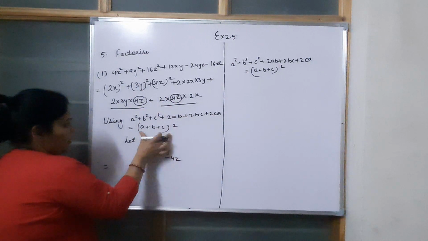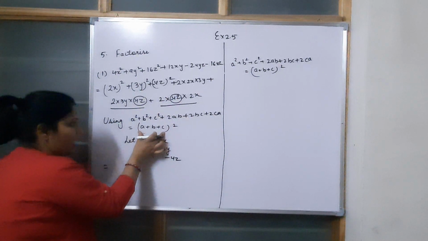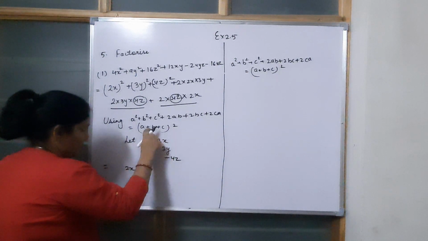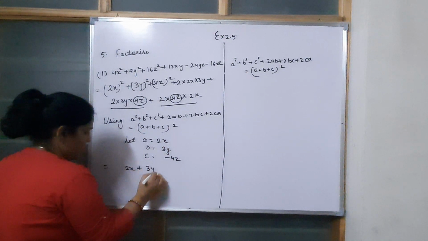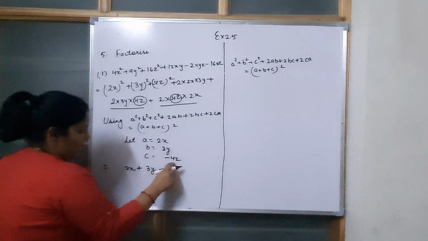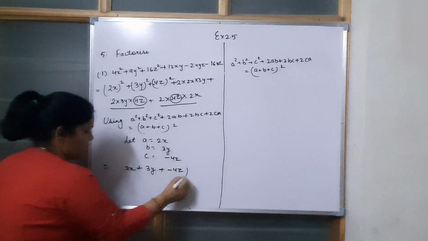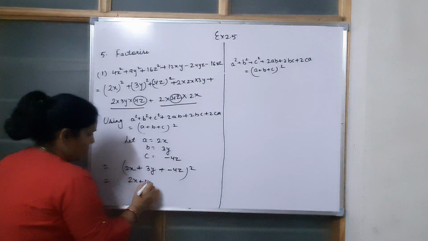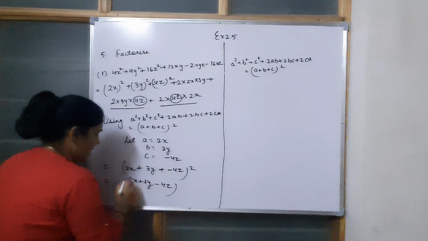We will put the values here because this is the factorized form and the other is the expanded form. So a is 2x, plus b which is 3y, plus c which is minus 4z, whole square. That can be written as 2x plus 3y minus 4z whole square.